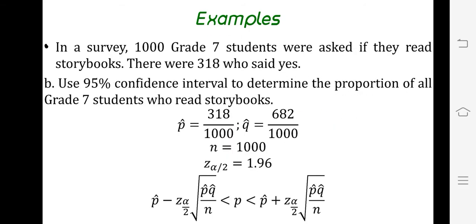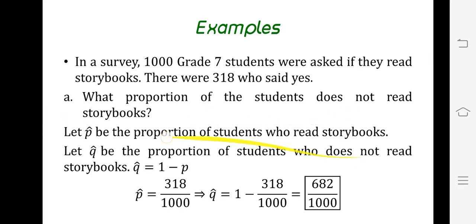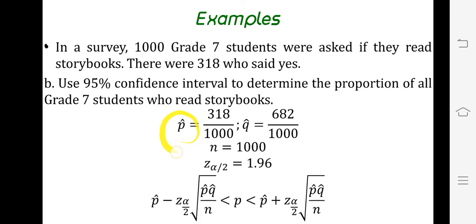Next. For the second one, we are asked to use a 95% confidence interval to determine the proportion of all grade 7 students who read storybooks. Now, p hat here is 318 over 1,000.